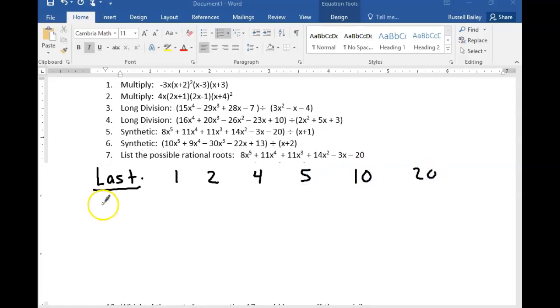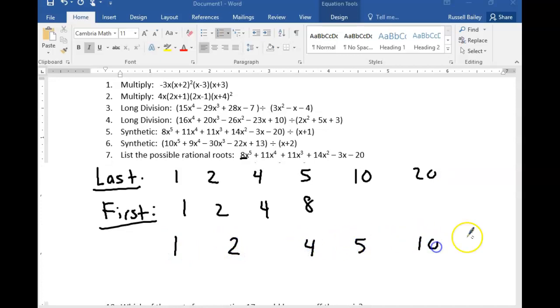And then we make a list of all the factors of our first term's coefficient, which are 1, 2, 4, and 8. And basically we make as many fractions out of these as we can. So first of all, if I put all of these over 1, then I'm going to get 1, 2, 4, 5, 10, and 20. These are my possible roots.